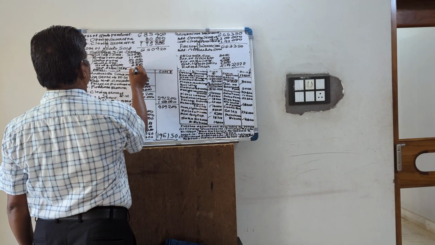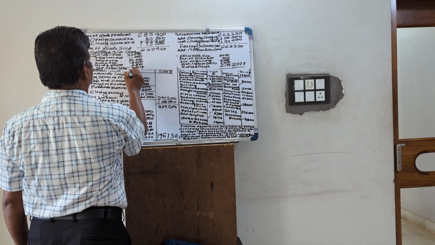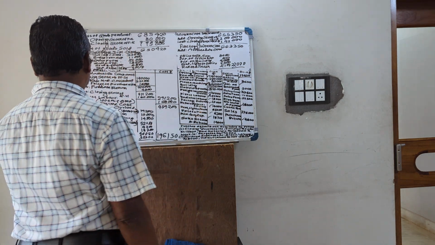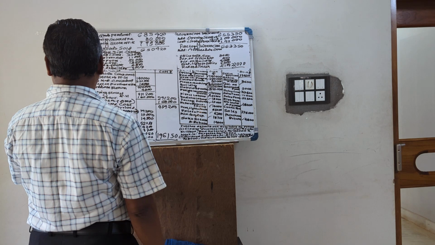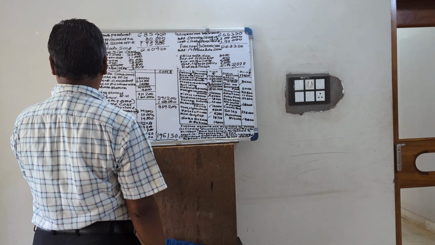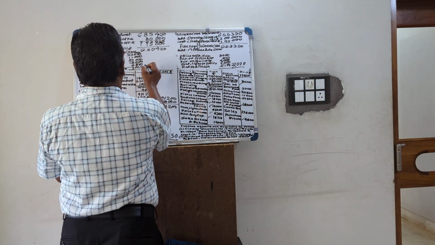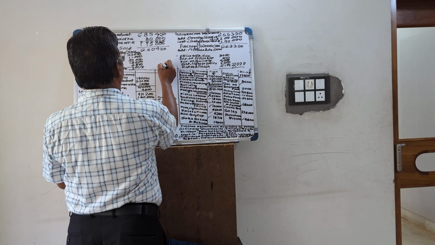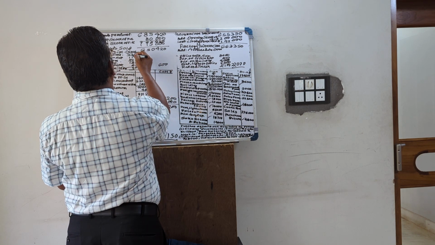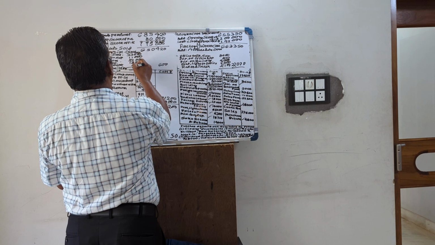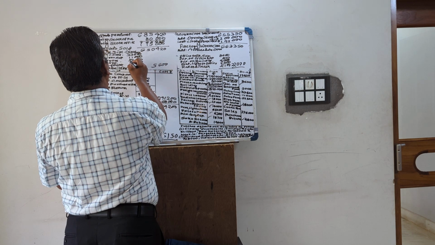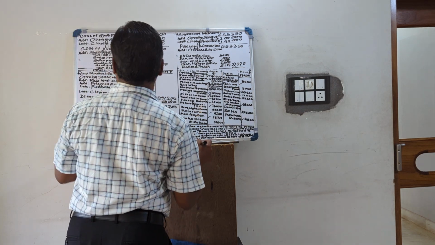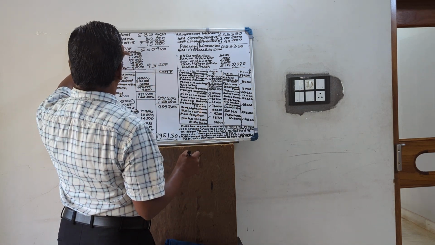Because depreciation on building 1/10 we have taken, then heat, light taken, it is over. So total comes to 95,600.